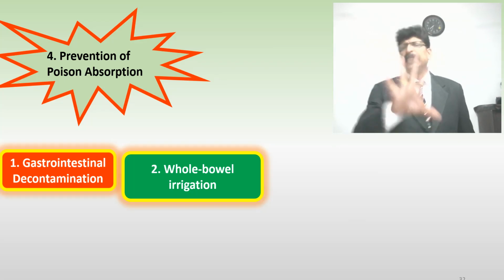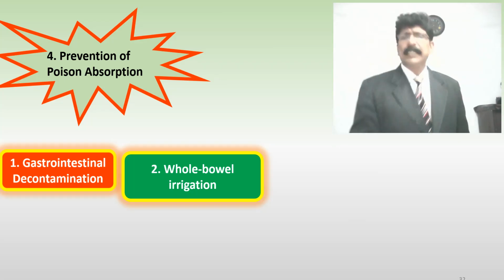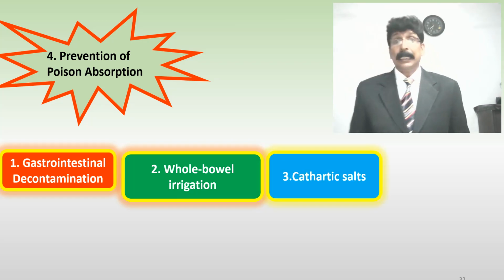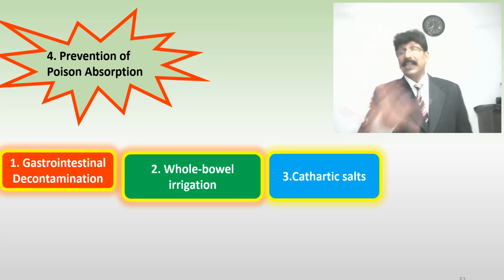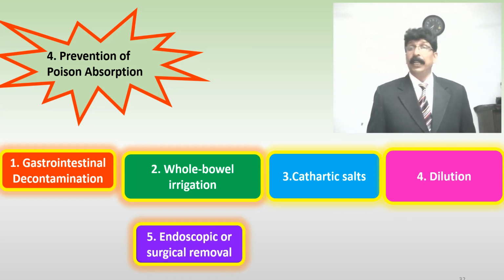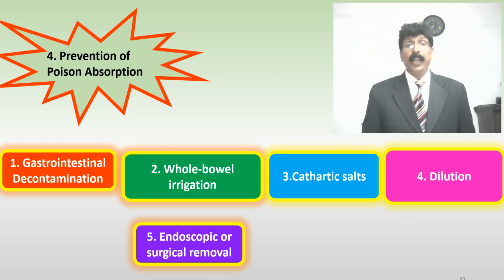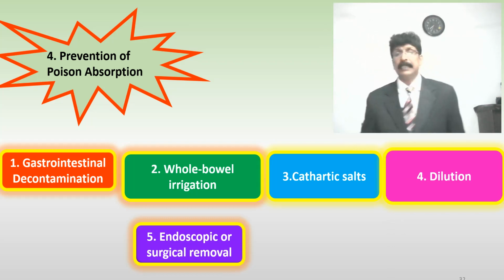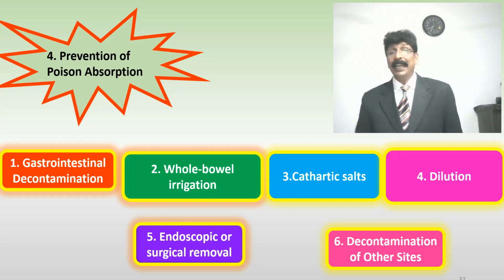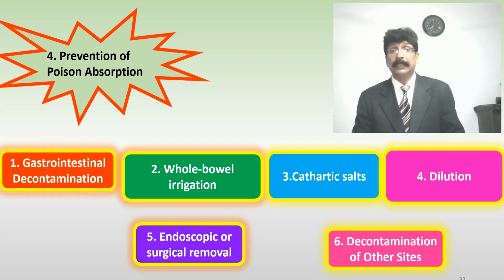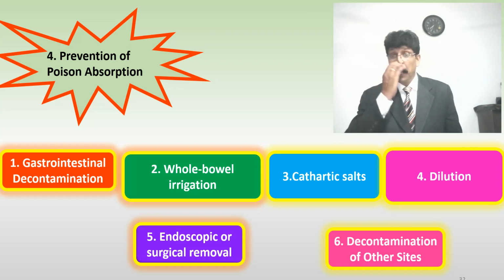But here, in general: gastrointestinal decontamination, whole bowel irrigation, cathartic salts for elimination, dilution, endoscopic or surgical removal in some cases, and decontamination of other sites. Suppose it is the external skin; decontamination of other sites also may be needed.